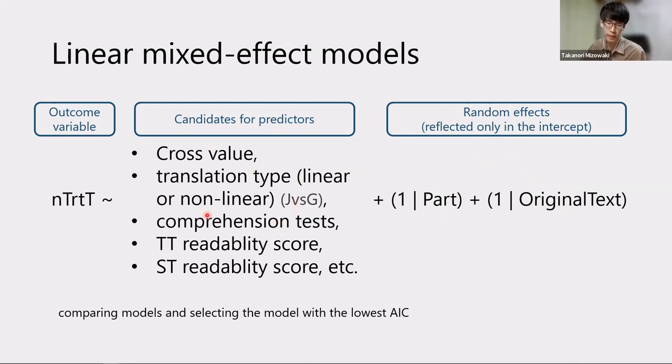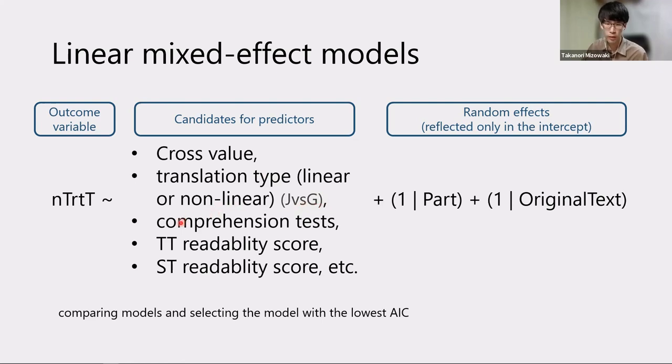The predictors were selected from several candidates, like cross value, and translation type, which is a categorical variable indicating whether the translation is linear or non-linear. The variable name is J Basashi. This name is from Japanese; I will explain later.